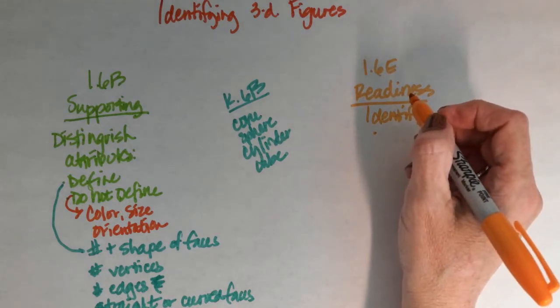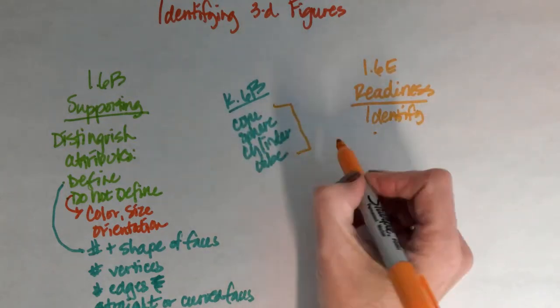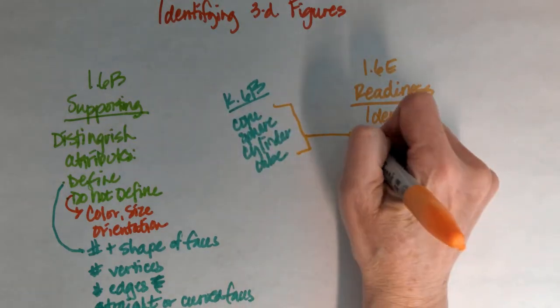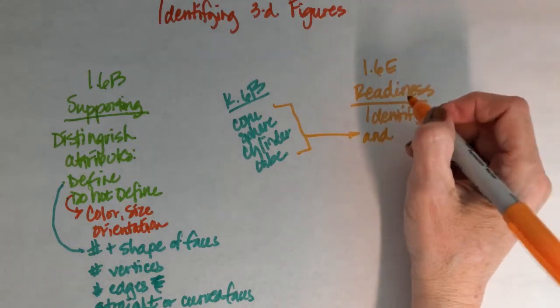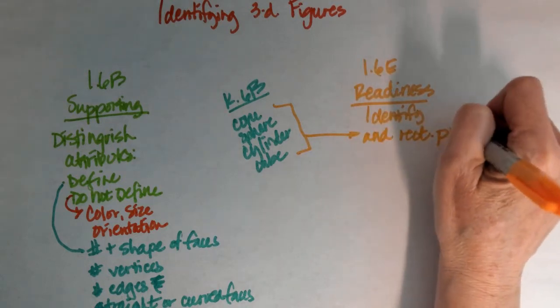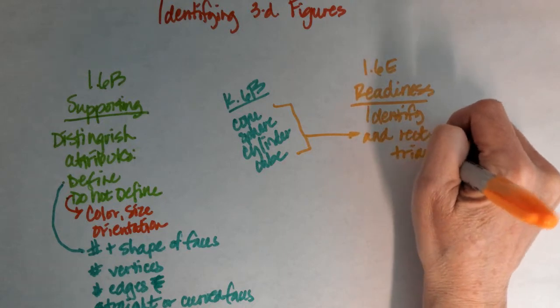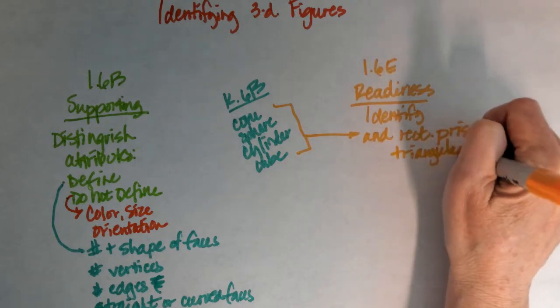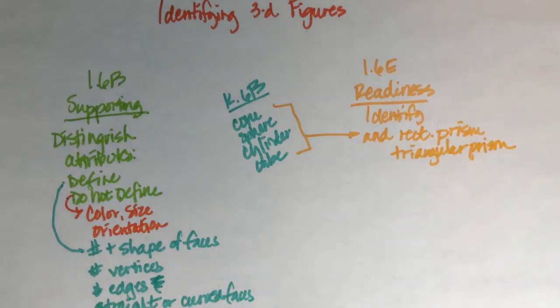So we identify these and rectangular prisms and triangular prisms. Okay, so they have 6 figures in first grade that they have to identify.